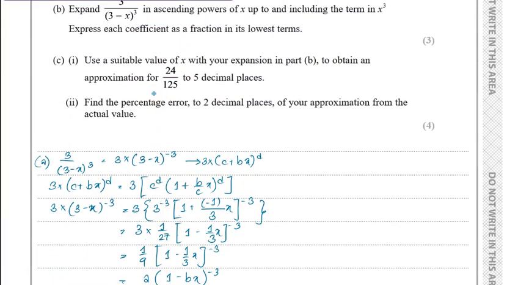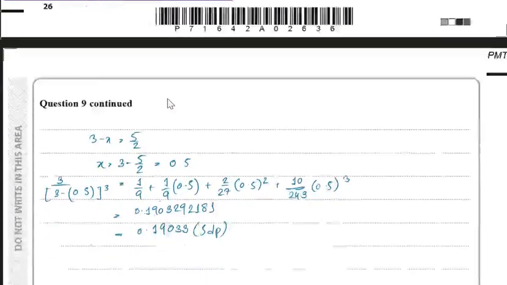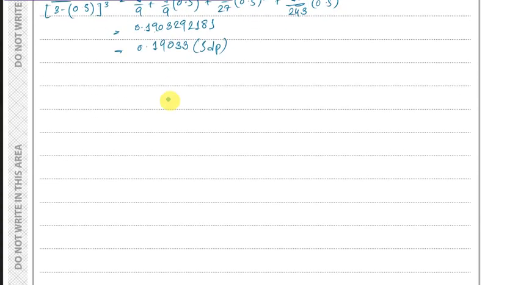The actual value of 24 by 125, if you place that in your calculator, is 0.192.